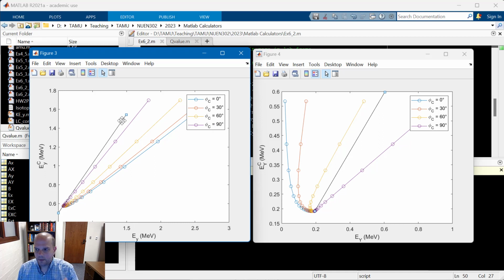Now we'll play around with these numbers in a minute to show you that there is an angle here where this also crosses over that 1-to-1, x equals 1, y equals x type behavior. And you could glean that from the expression for EY, and you can look at the emission angles. You can see where EY is going to equal EYC.